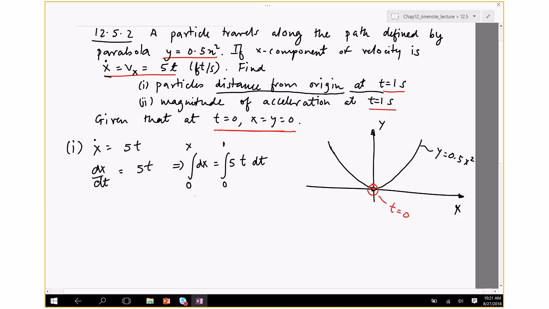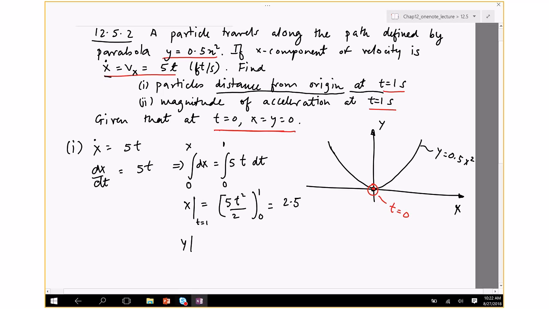So x equals 5t squared divided by 2, from 1 to 0. So that gives me 2.5. Okay, I got the x position at t equals 1.